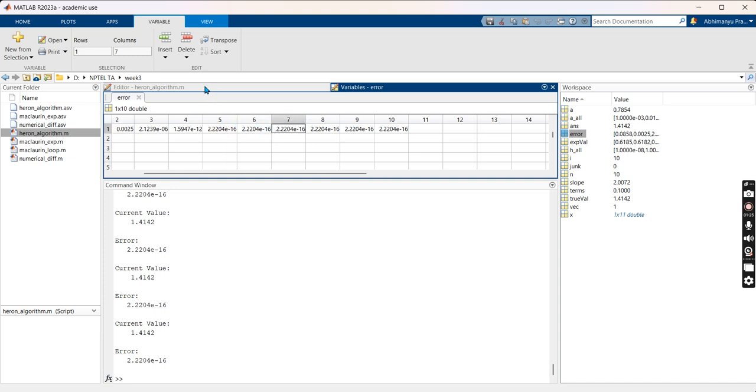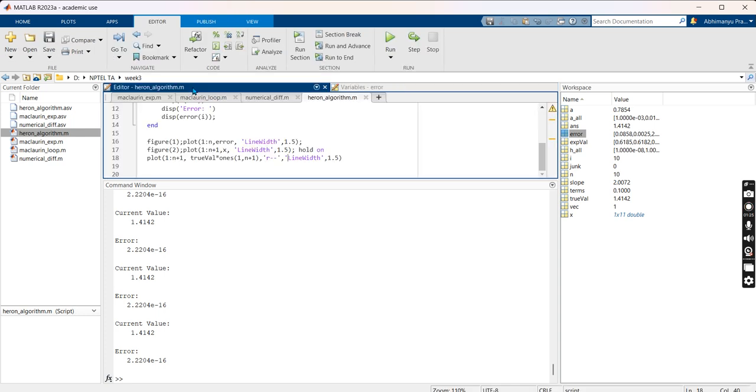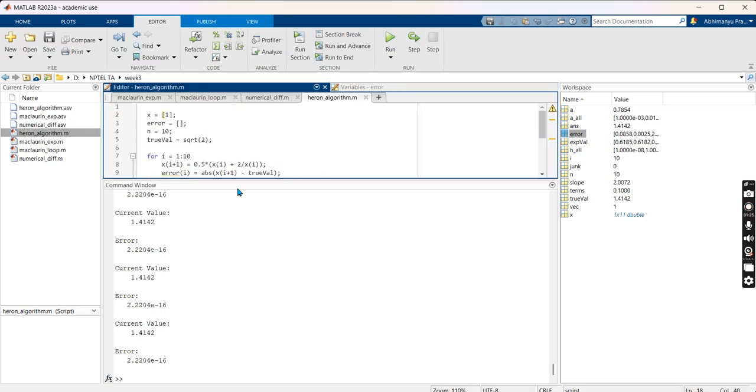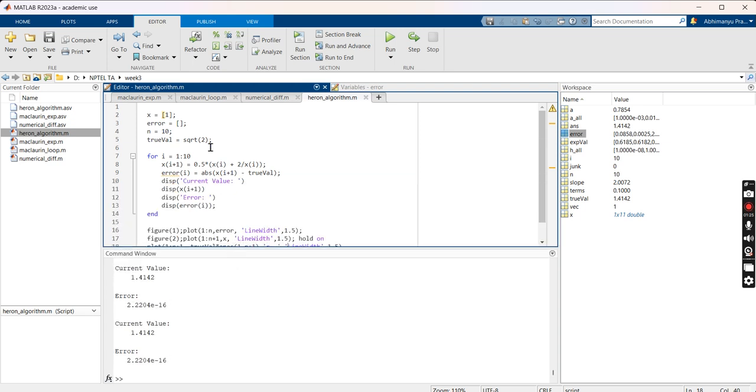Right now I'm using a for loop to run the iterations a defined number of times. I'm trying to run the iteration 10 times. What I can do is put a convergence criterion and stop the loop if the criterion is met.